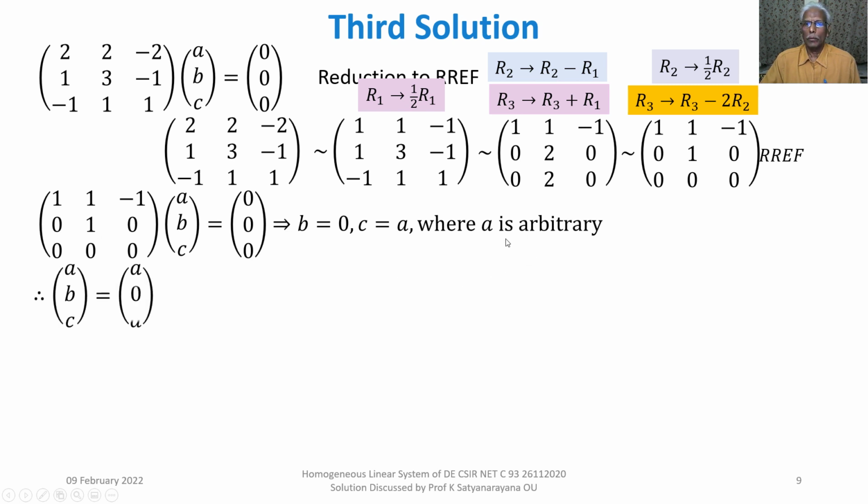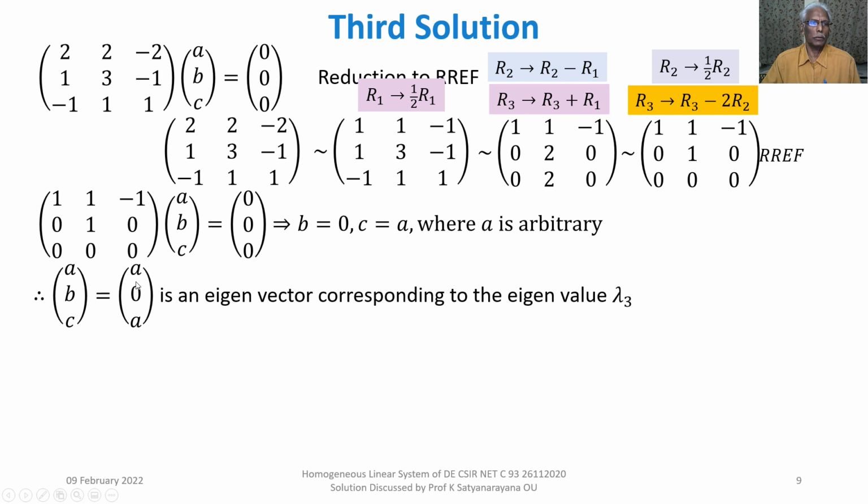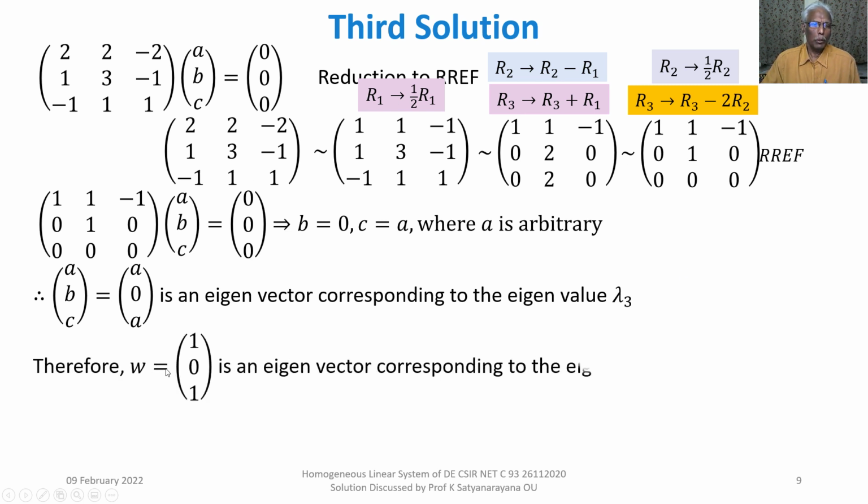So where A is arbitrary, the vector (A, 0, A) is an eigenvector corresponding to the eigenvalue lambda 3, and therefore W is equal to (1, 0, 1) is an eigenvector corresponding to the eigenvalue lambda 3 equal to minus 7.